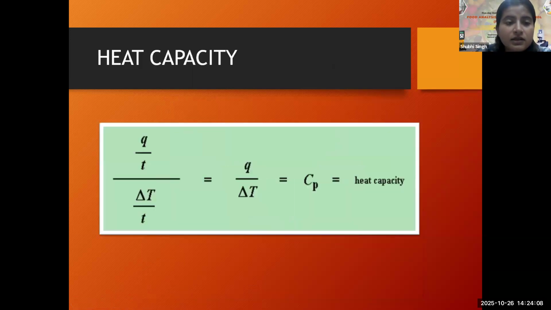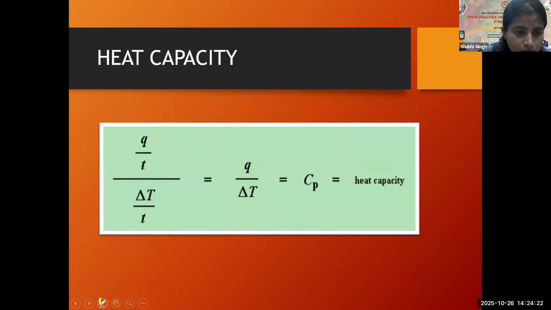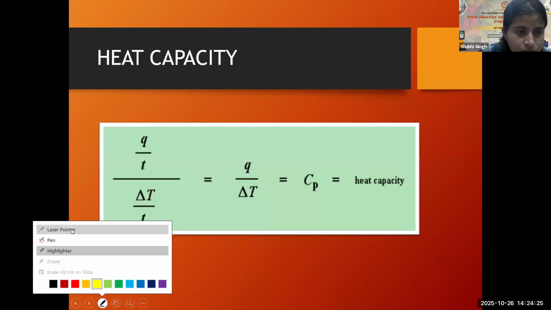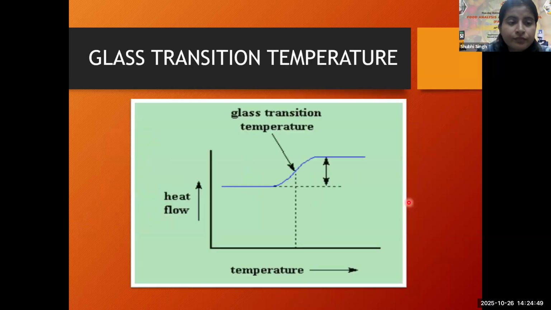And heat capacity is again heat flow divided by heating rate. Q upon T is heat flow, and delta T upon T is heating rate. So when you divide these terms, you get Cp, or heat capacity. These are the basic terms. While we are dealing with DSC, we have to keep all these terms in mind.